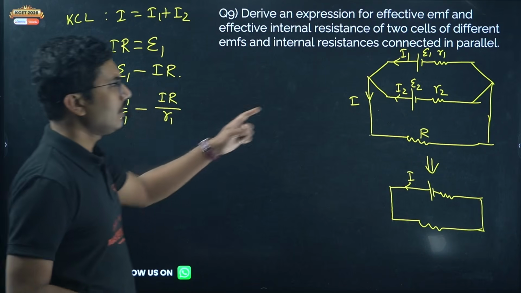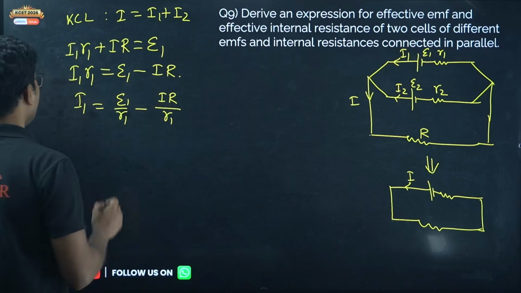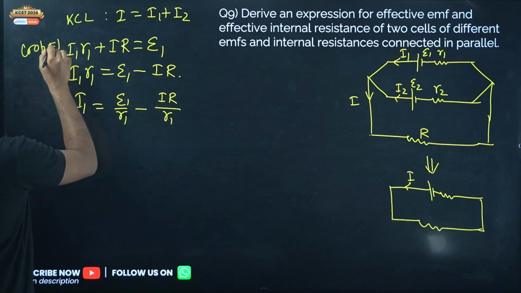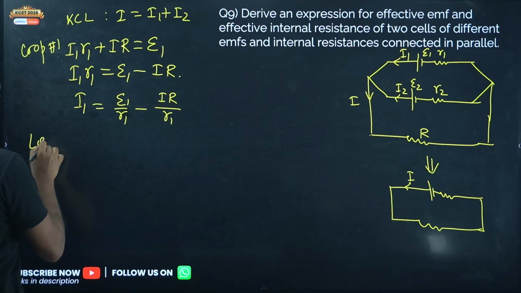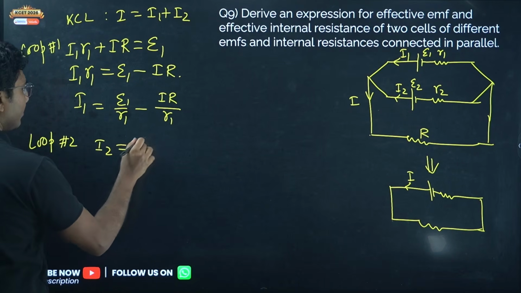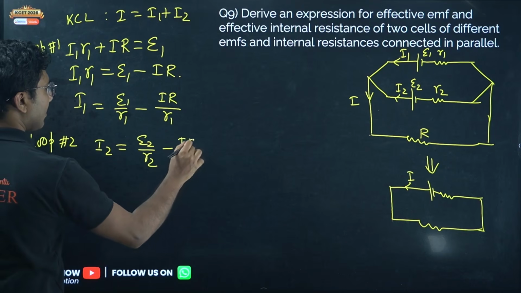This is for loop 1, and for loop 2 similarly we can write I2 equals epsilon 2 by R2 minus IR by R2.